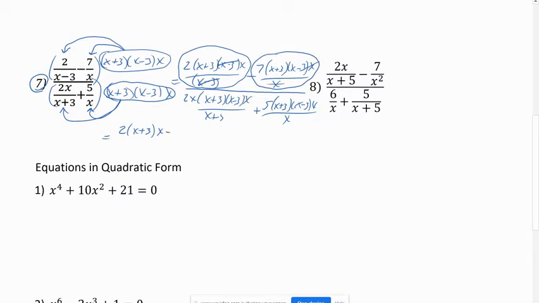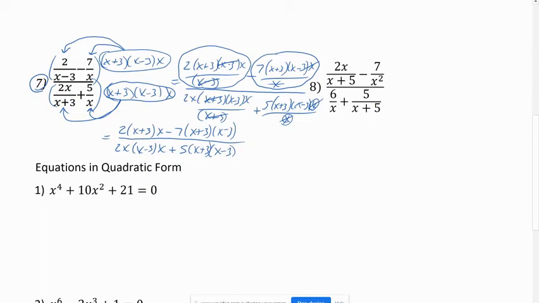I have now minus 7, x plus 3, x minus 3. In the denominator, the x plus 3's cancel. I have 2x, x minus 3, and x. And then here these x's cancel. I'm left with 5, x plus 3, x minus 3.